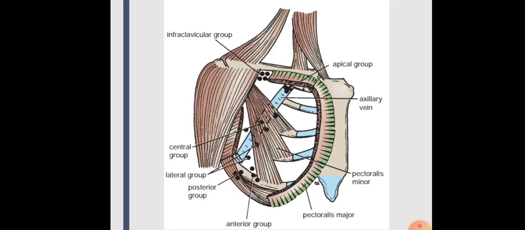Okay, the anterior group is located on the lower border of the pectoralis minor muscle. It receives lymph from the thoracic wall and mainly from the breast, and sends the lymph to the central group.